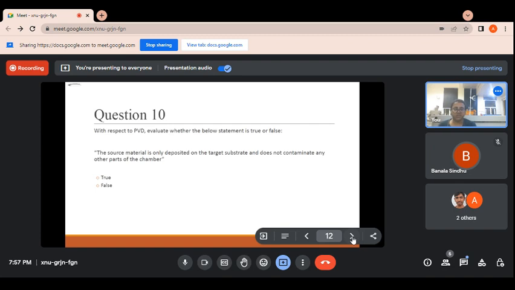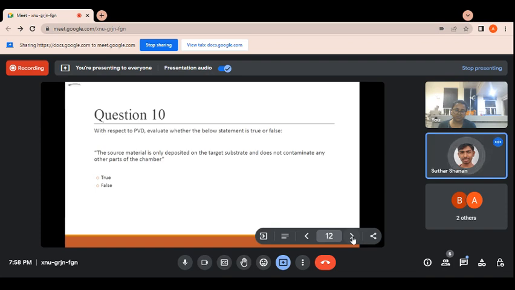Now, can you explain why false? Consider the sputtering process. Basically, it will contaminate the other parts of the chamber. Okay. Heating also.